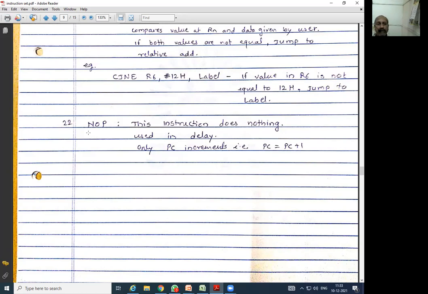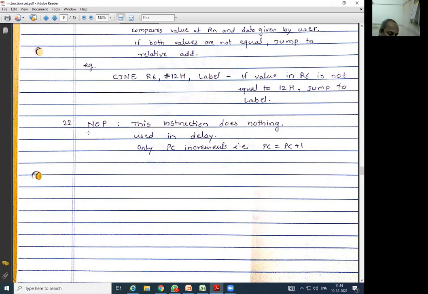If you are writing NOP, NOP, NOP, NOP, NOP, so it is just increasing the time of execution. So whenever you require to increase the time of execution, you can add NOP. Got it? So what is done in this? Only PC increment. PC means program counter.